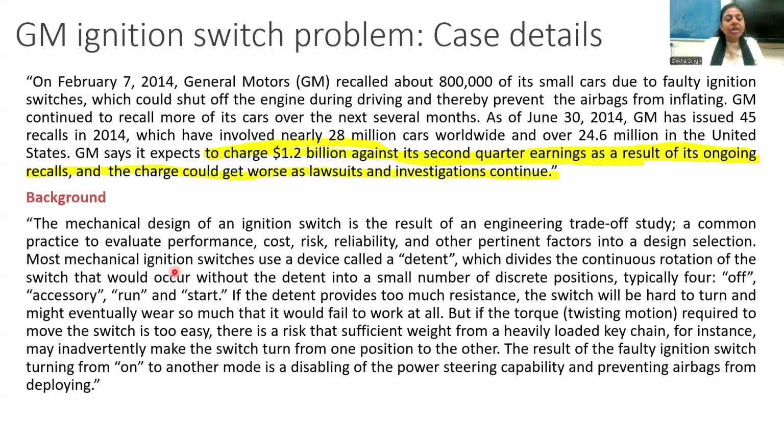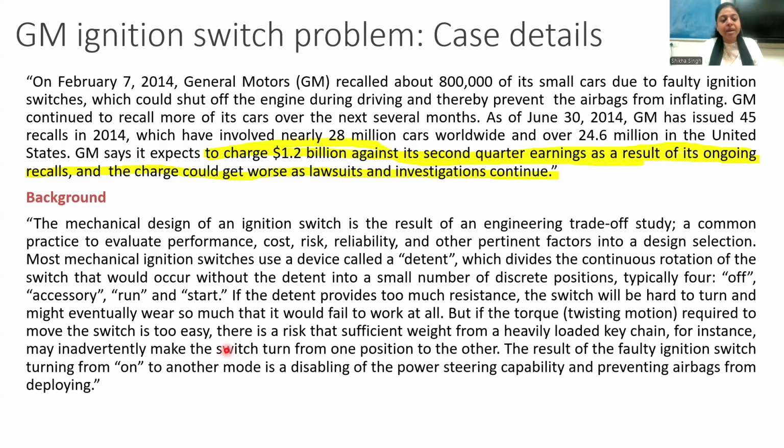Most mechanical ignition switches use a device called the detent, which divides the continuous rotation of the switch that would occur without the detent into a small number of discrete positions. That detent and a spring, when they get connected, make it possible to apply some torque, a twisting motion, to change the mode like off, accessory, run, or start, right?